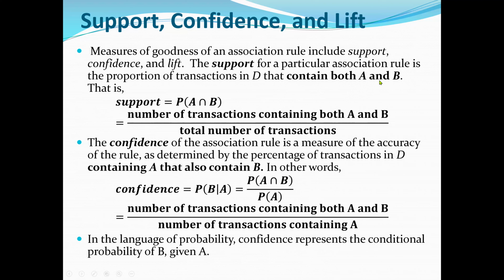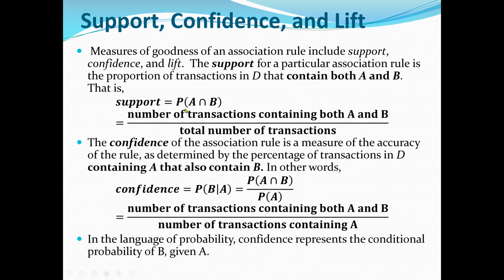Then divided by only A, which will be the probability of A. So that's the translation here, the number of transactions containing both A and B divided by the number of transactions containing A. So in the language of probability, confidence represents the conditional probability of B given A.